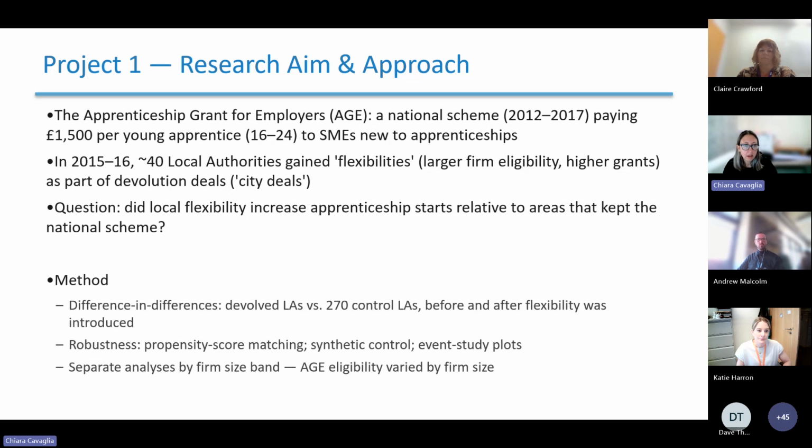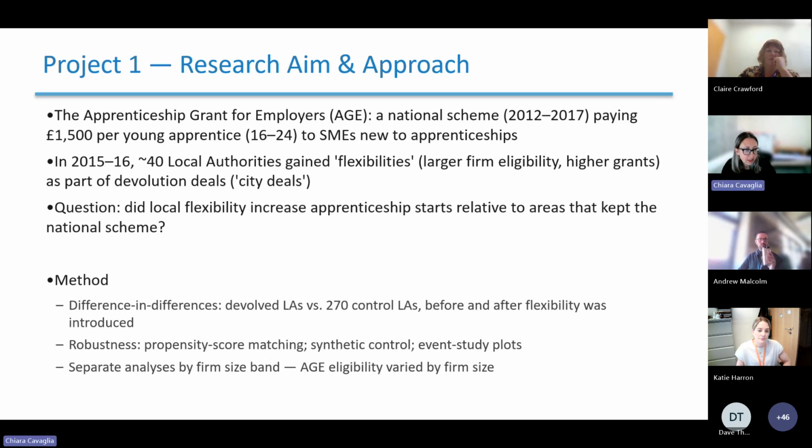Then this national policy provided some additional flexibility 3 years after the start to some specific local authorities. So the question of this research was to see whether the local flexibility increased apprenticeship starts relative to areas that kept the national scheme.